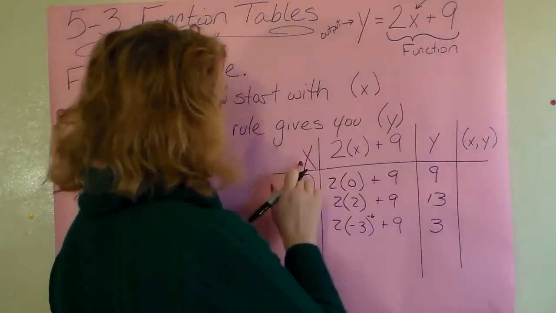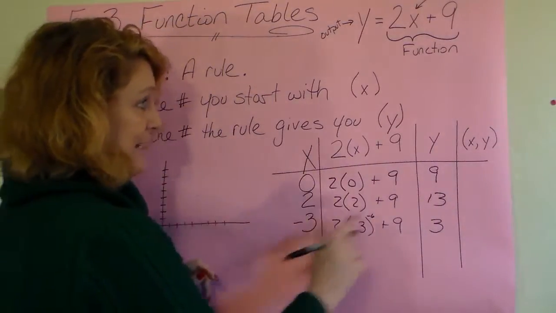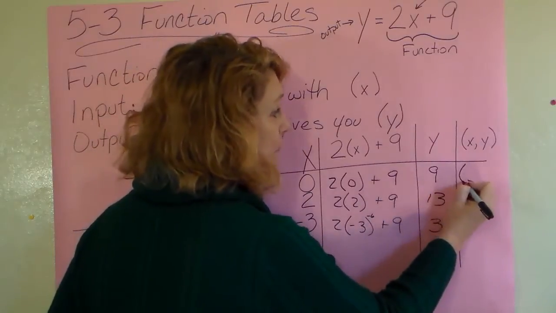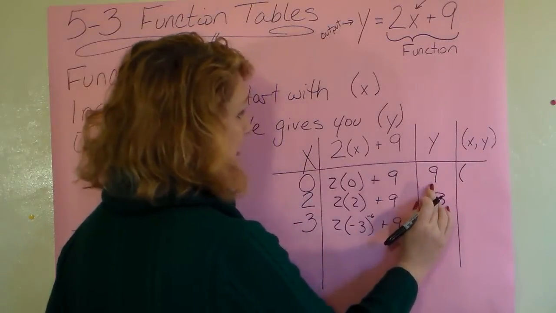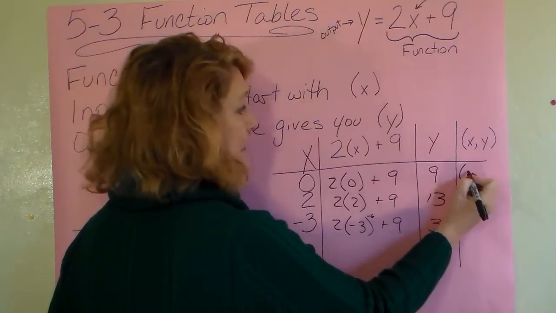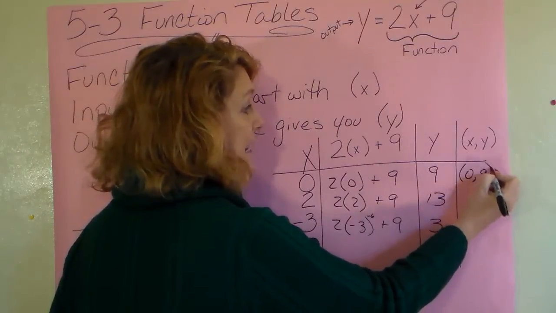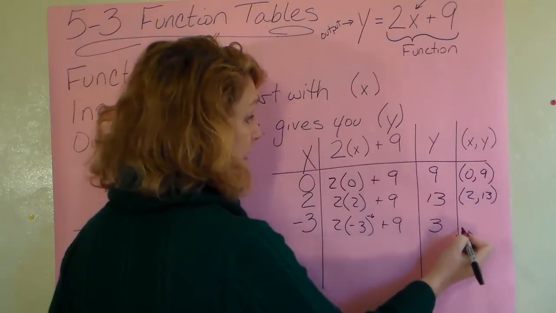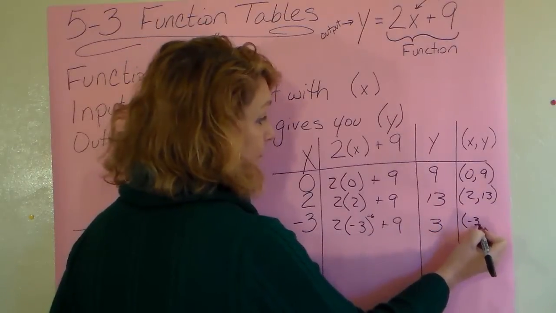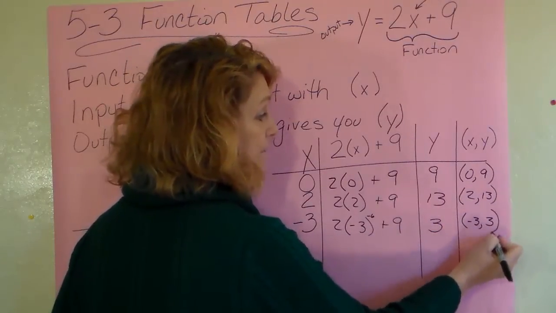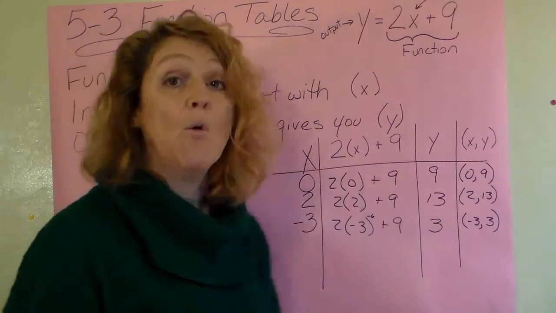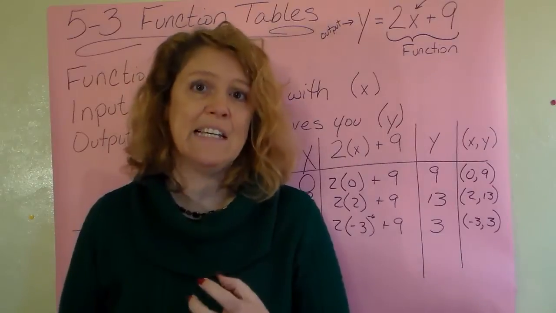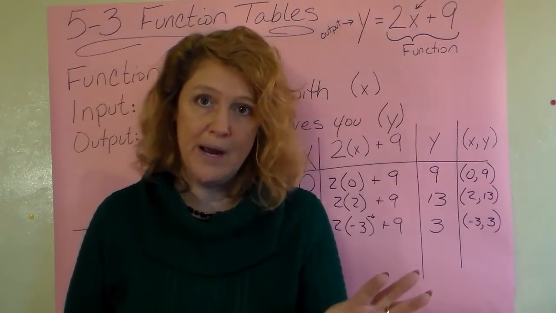So now I have my x, which I was given, and I have my y, which is my answer, and I can plot my points. x is 0, y is 9. x is 2, y is 13. x is negative 3, y is 3. And now I have my ordered pairs. My function table has given me a set of ordered pairs.